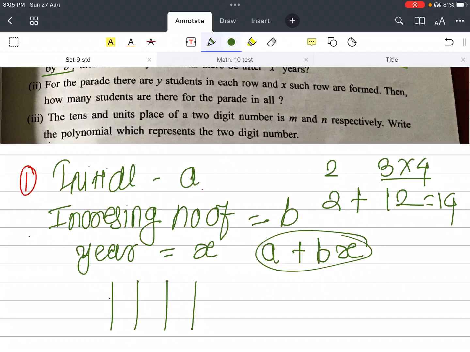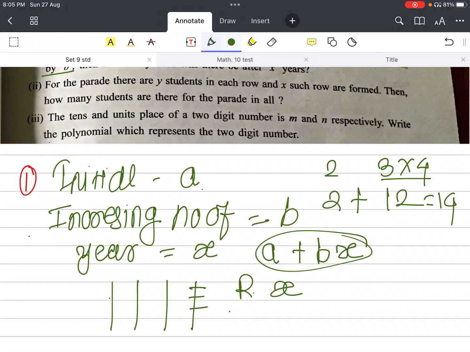In that parade we are standing in vertical lines, sorry, in rows. So how many rows are there? Suppose X rows are there, and in each row there are Y students.